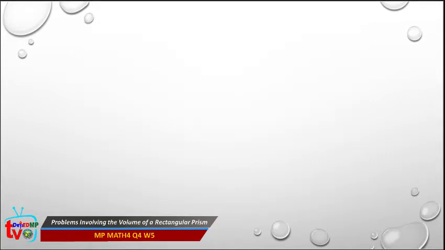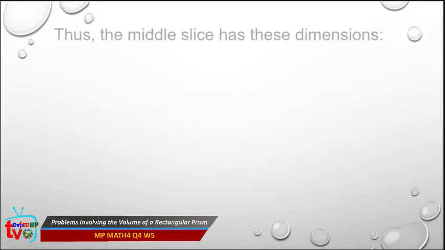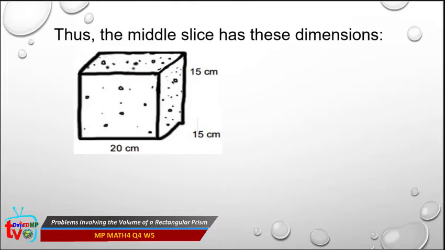We are now ready to find the volume of the middle slice. Thus, the middle slice has these dimensions: 20 by 15 by 15.